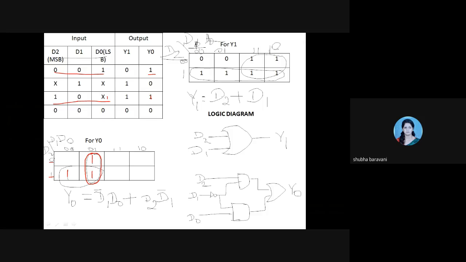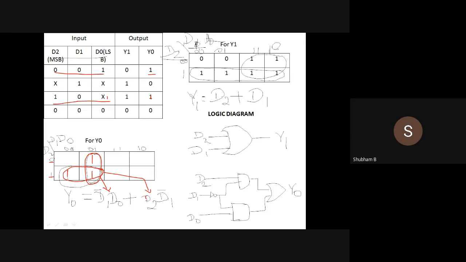Okay, then I took these two. These two would yield me D1 bar into D0. This I get. इन दोनों का I get D2 into D1 bar. What is the problem? Where is that you felt it's a problem? Anywhere you are getting, ma'am, confused? Shubham?